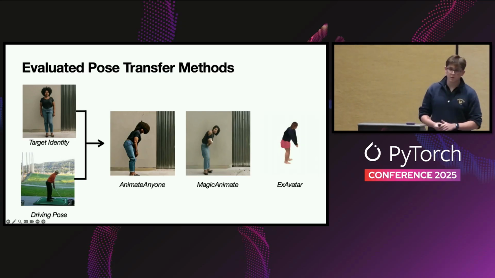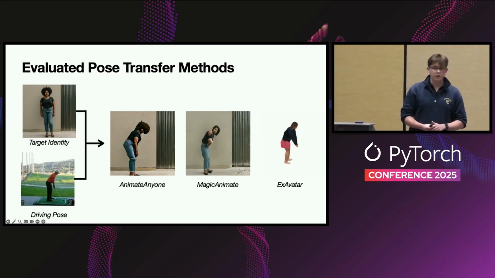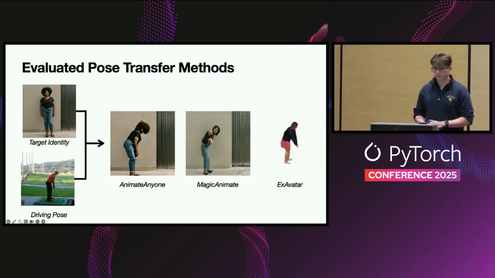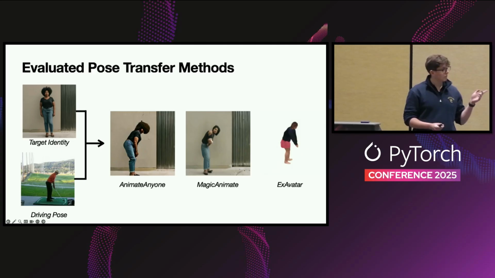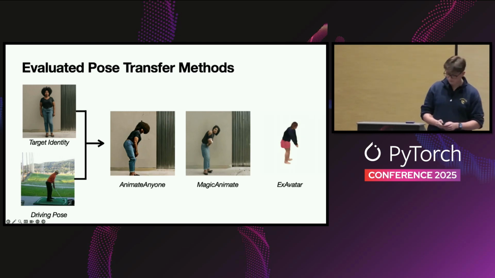Animate Anyone is basically a diffusion model trained with skeleton control, where we extract the skeleton from the driving video and then try to diffuse the target identity.